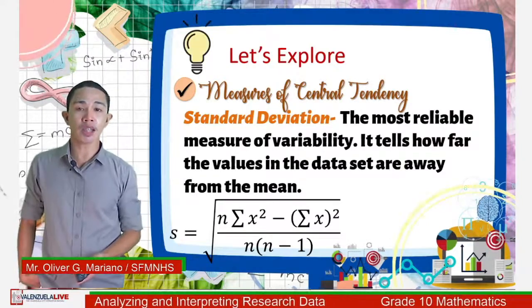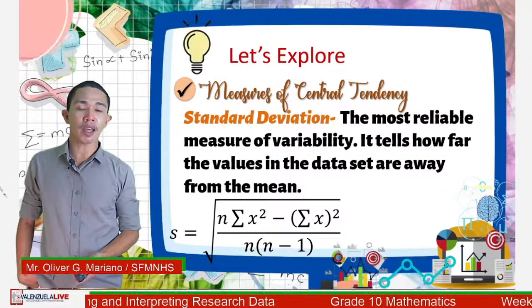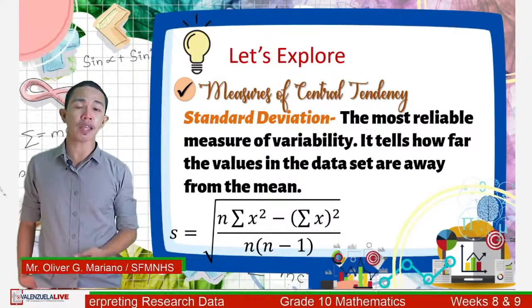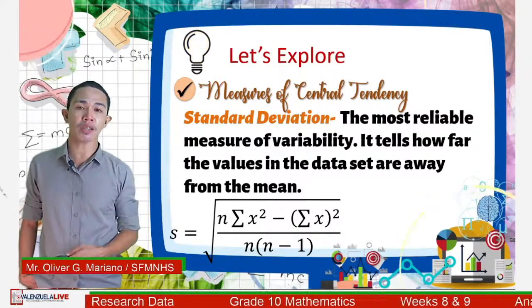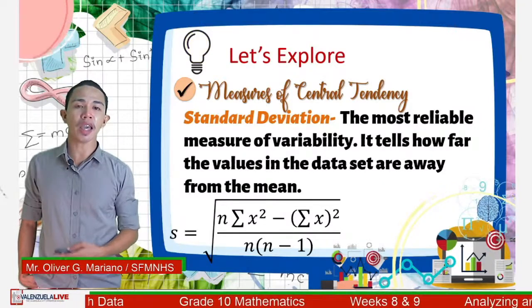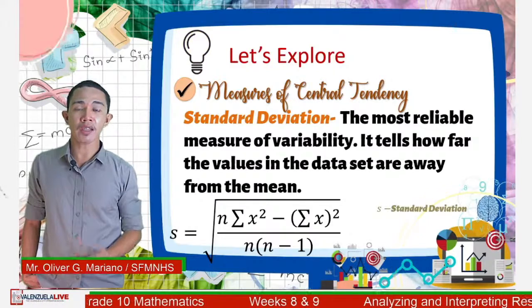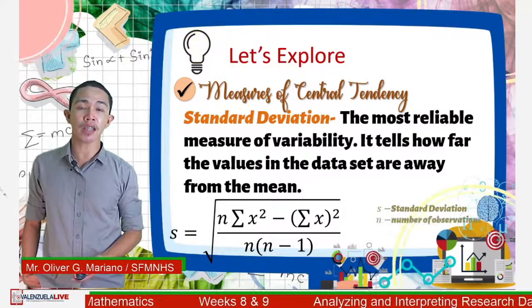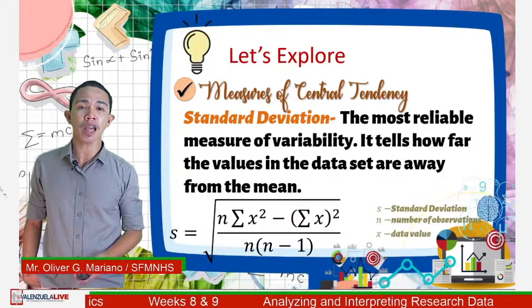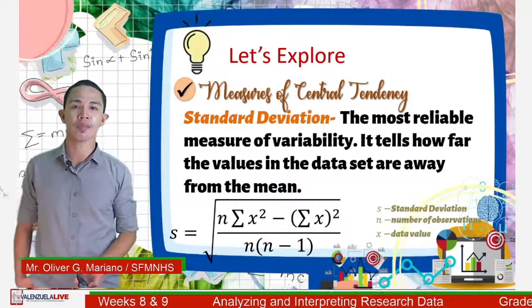So s is equal to the square root of n times the summation of x squared minus the square of the summation of x all over n times quantity n minus 1. Still, s here refers to standard deviation, n is the number of observations, and x is the data value.